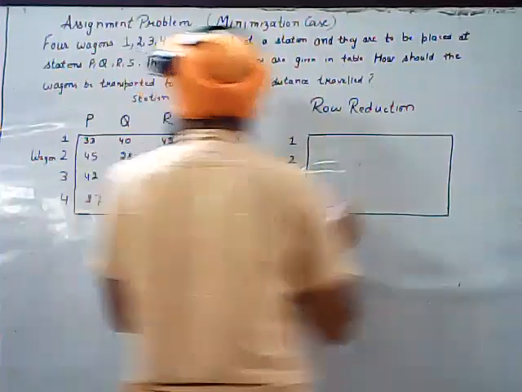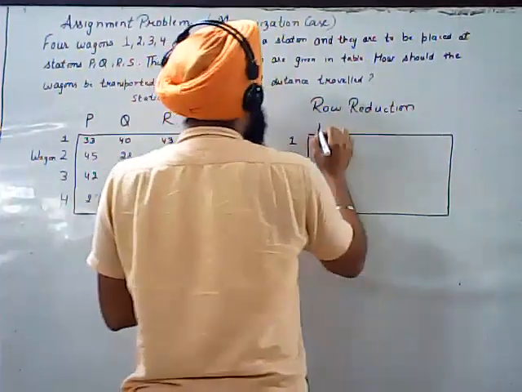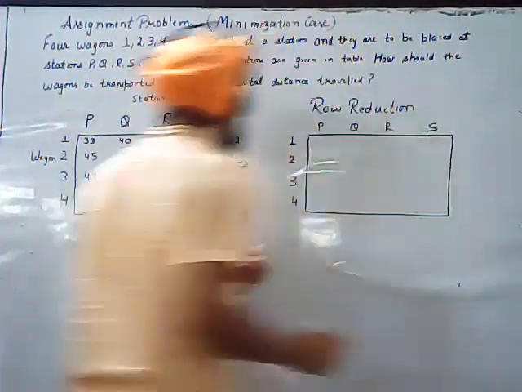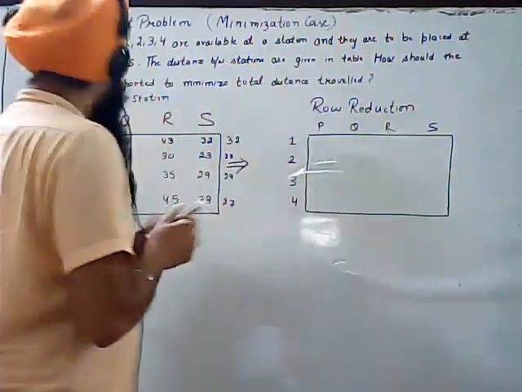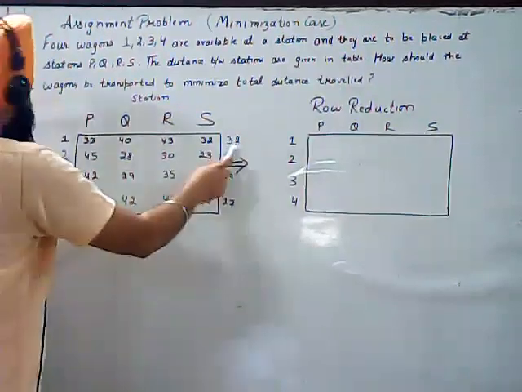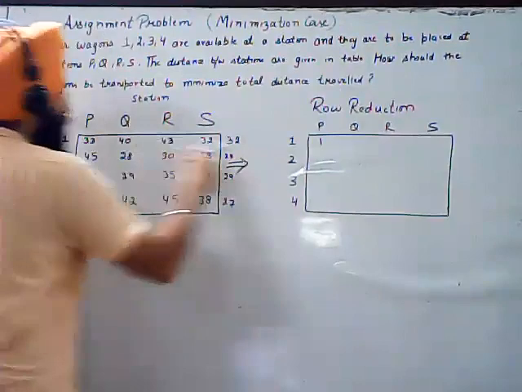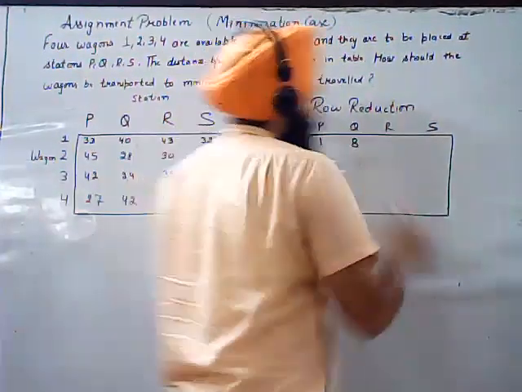So we have four wagons 1, 2, 3 and 4 and they are to be placed at stations P, Q, R and S. So row reduction: 33 minus 32, the value will be 1. 40 minus 32, 8.